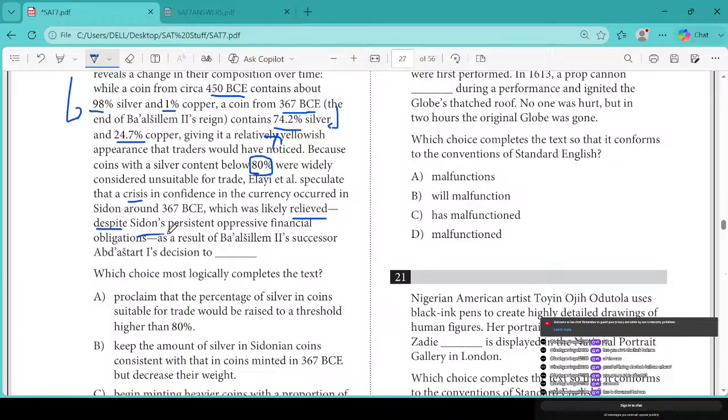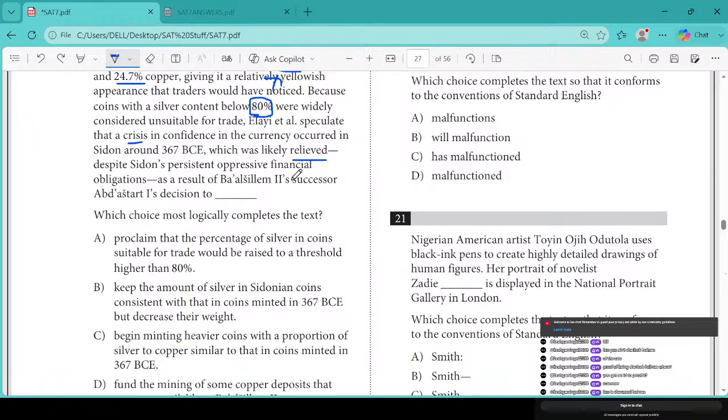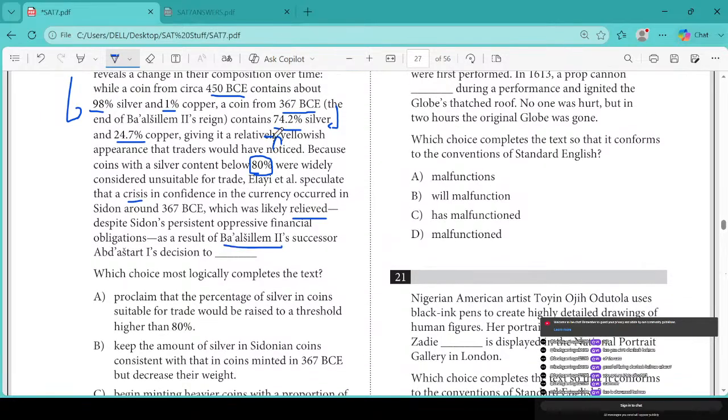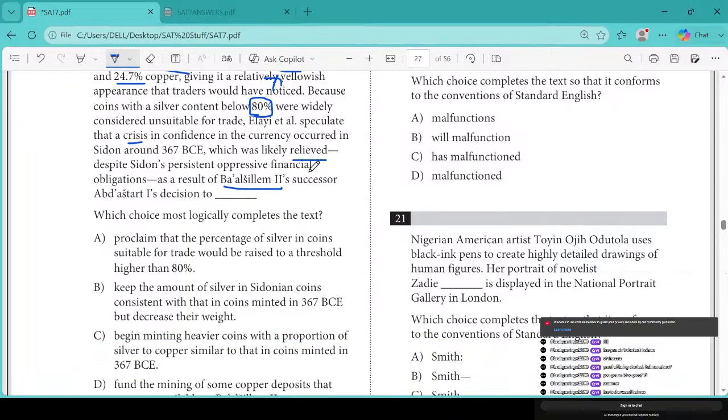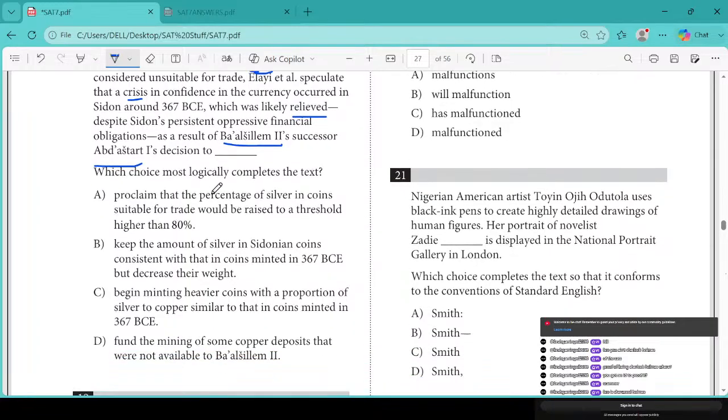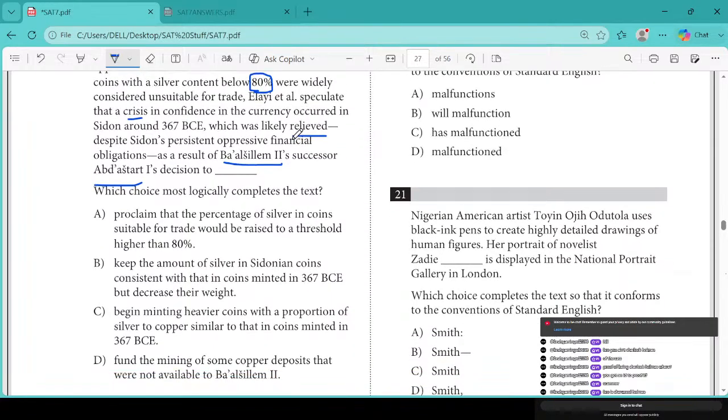Despite Sidon's persistent oppressive financial obligations, meaning they got money problems, but they somehow solved the problem, you know. As a result of this guy, which is 367 BC, so the successor, meaning the guy that comes after him, this guy made a decision that solved the issue.